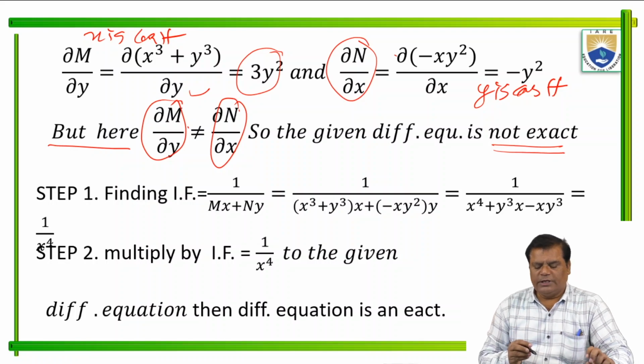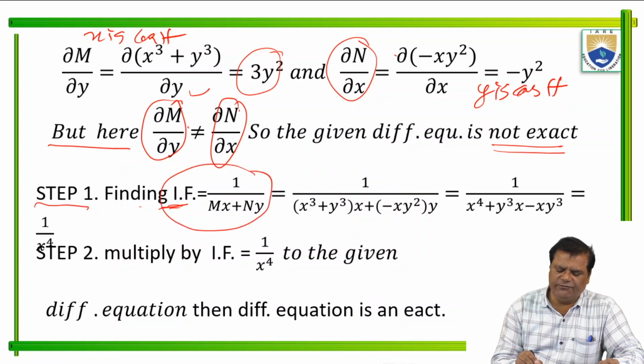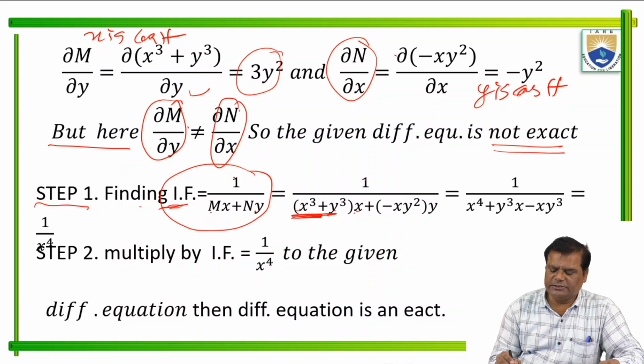Okay. Step 1, finding the IF, the integrating factor. The formula of integrating factor IF equals 1 upon Mx plus Ny. So this equals 1 upon (x cube plus y cube) into x, where this is M, from the given differential equation, multiplied by x, plus N, which is minus xy square, multiplied by y.